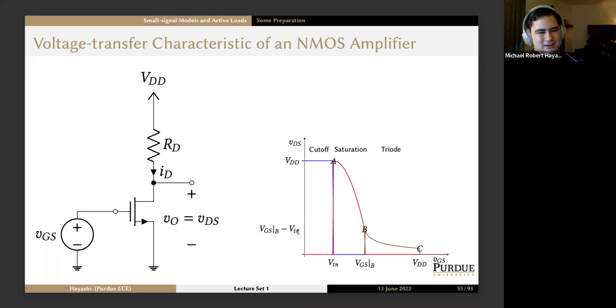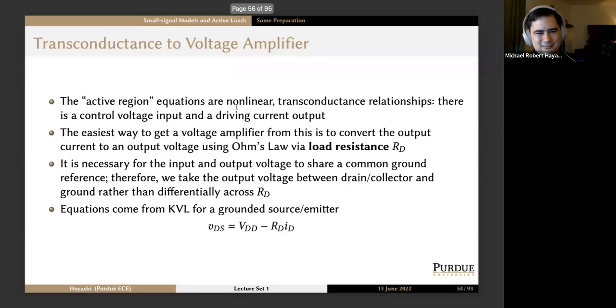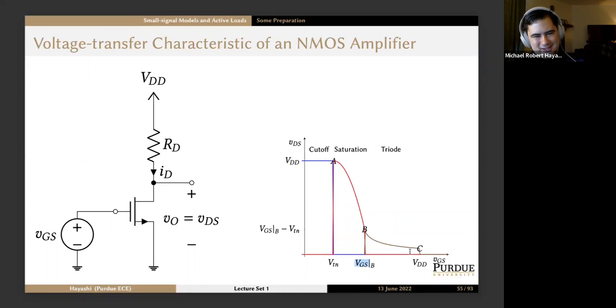At this point, this becomes lower than the overdrive voltage, and then we switch into triode mode, and then we have to bring out a triode mode equation, which is Kn quantity VGS minus VTN close quantity times VDS minus VDS squared. Bring that equation out, and we get this sort of weird cubic relationship right here. It's a little hard to plot.